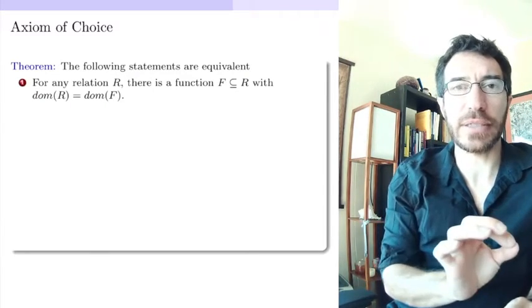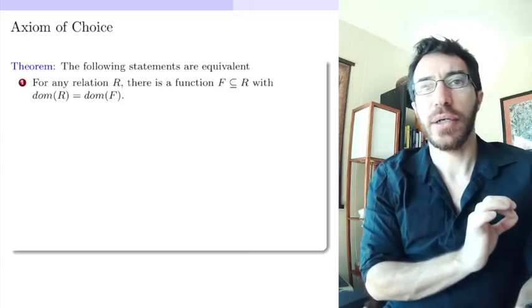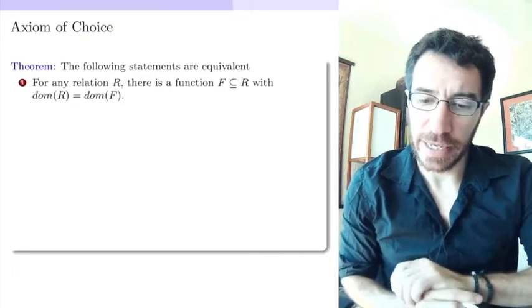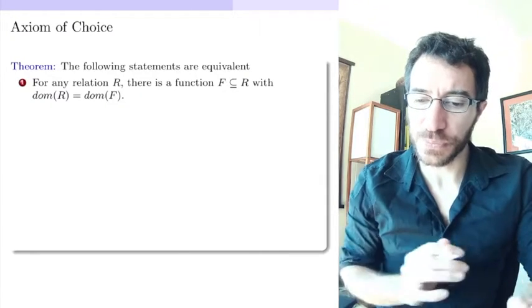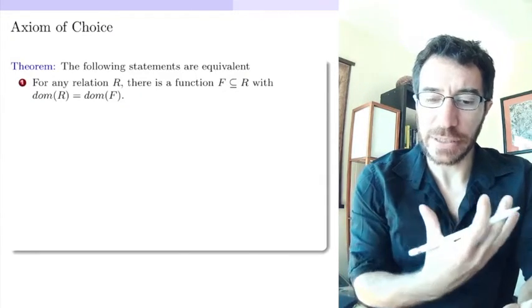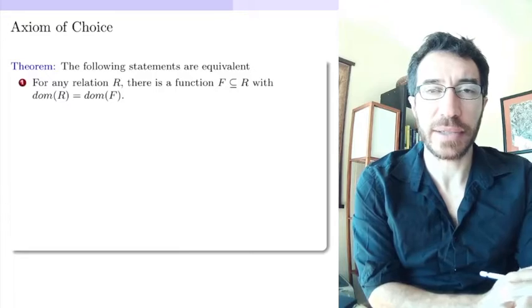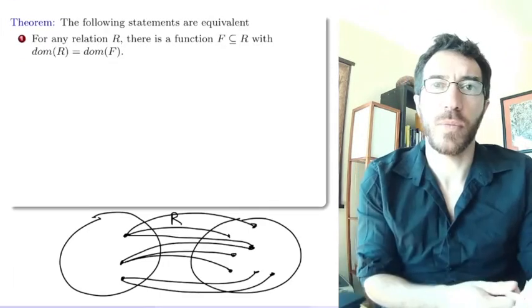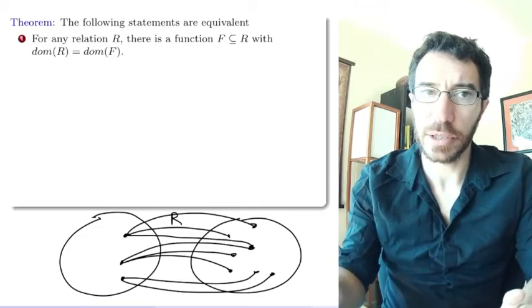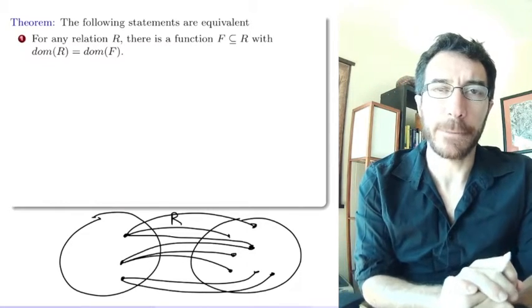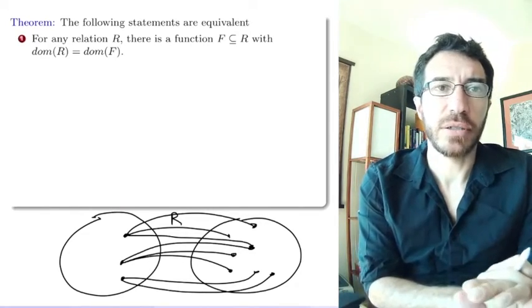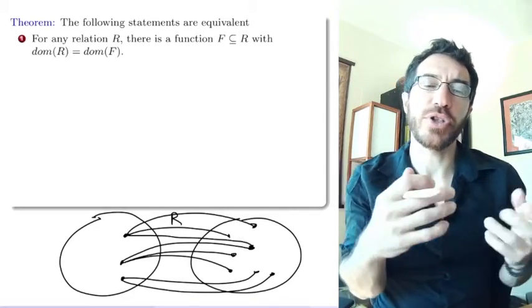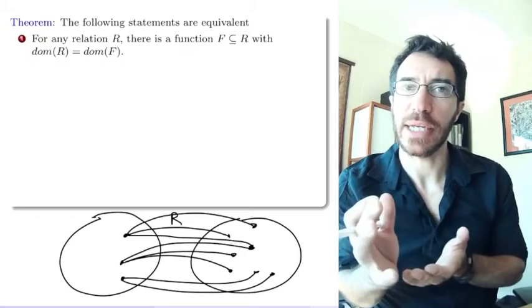Okay, so the first one is axiom of choice form 1 that we saw towards the beginning of the course, that says that if you have a relation, then there's a function with the same domain, which is a subset of the relation. And you guys remember the picture. We have a relation from one set to another, the domain to the range, and in the relation, points are connected to points, but one point might be connected to many other points.